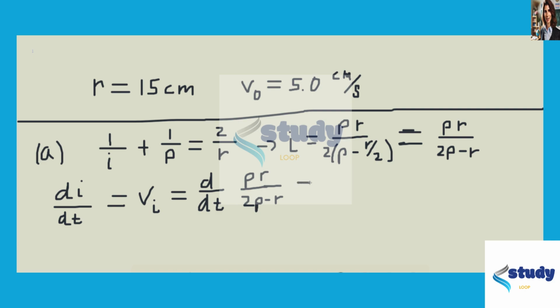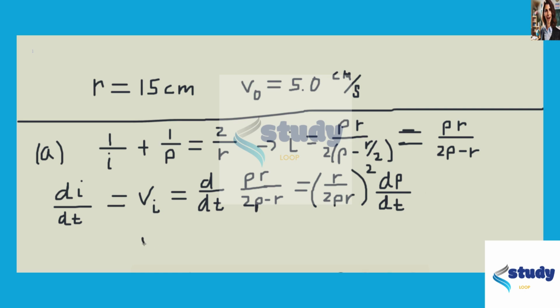So taking the derivative of this, we find that this is equal to r divided by 2P minus r, squared, multiplied by the derivative of what's inside, which was dP by dt. But dP by dt is the velocity of the object.